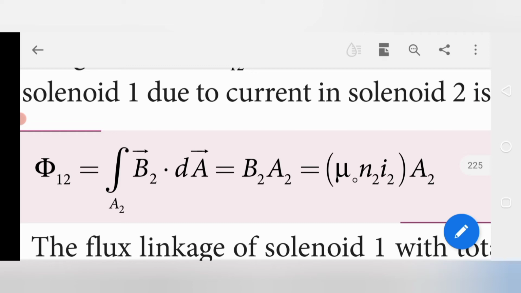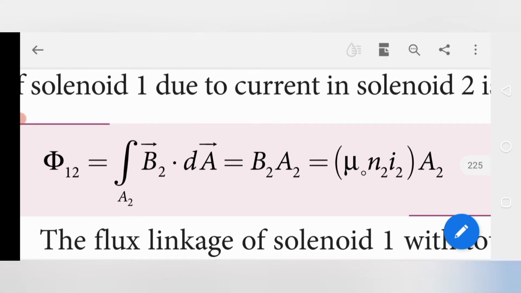Therefore the area A2 is the effective area over which the magnetic field B2 is present, not area A1. So the magnetic flux Phi 12, which is linked with solenoid 1 due to solenoid 2, gets the value of A2 only.